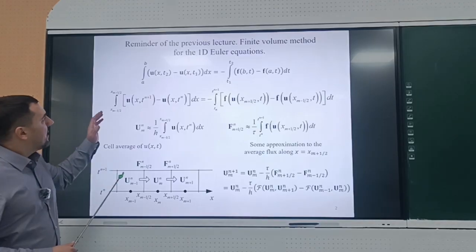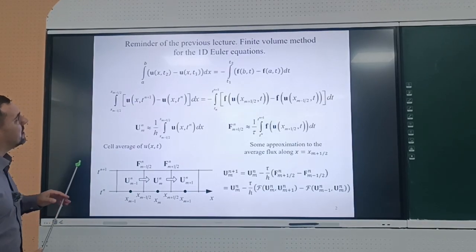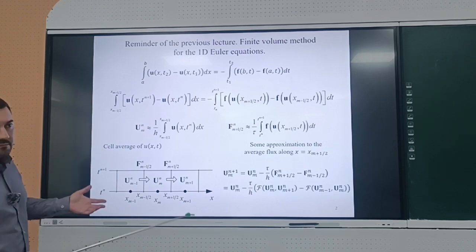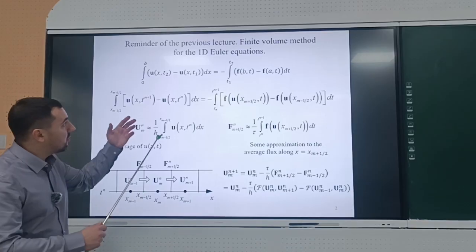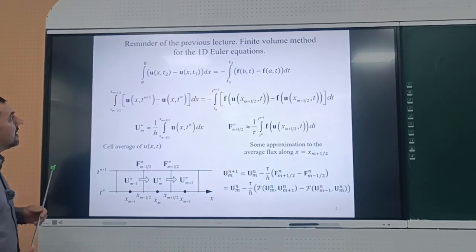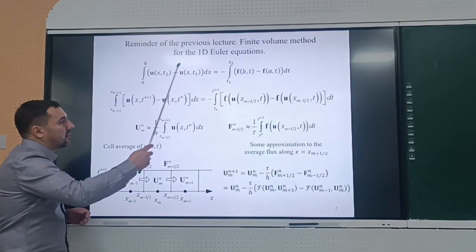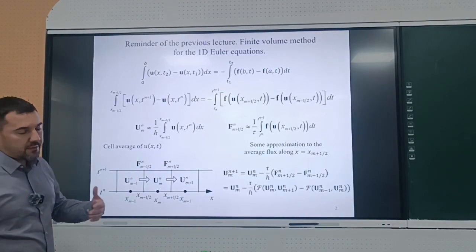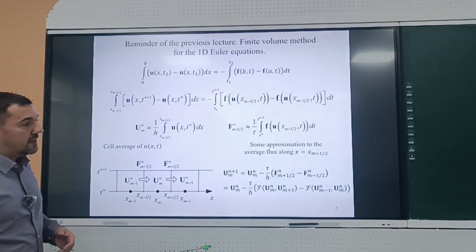In the previous lecture, we considered the finite volume method for the linear advection equation and also for the 1D Euler equations. I'd like to remind you that the idea is that we need to build our numerical method starting with the integral form of the Euler equations.